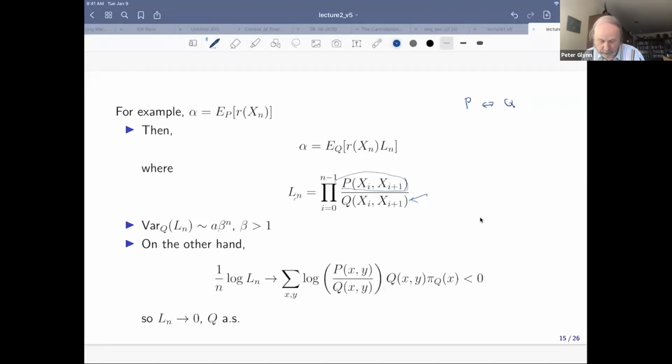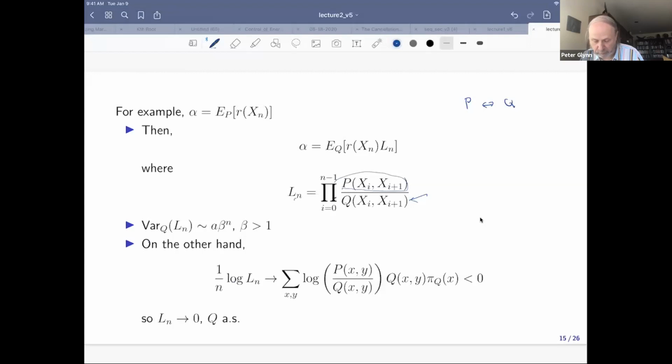So Ln is a product. But if we take the log of Ln, we do get a sum. So if we take log of Ln, we get a sum of quantities involving the path dynamics of the Markov chain divided by n. Then we're going to be basically looking at a law of large numbers for Markov chains.